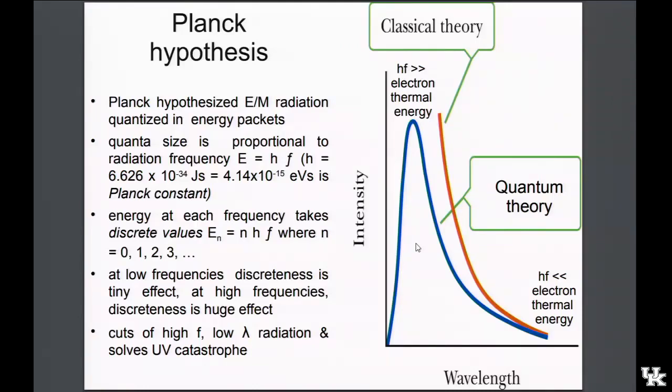And so what Planck's hypothesis does is cut off the black body in classical theory radiating at short wavelengths, at high frequencies, because the packets are just too big. I'm a single electron, right? And I've got to throw out a packet of energy, and that packet of energy is way bigger than the energy I have. I can't do it anymore. And so that cuts off the radiation at high frequency. It is no longer predicted to be infinite. It's predicted to be zero, in agreement with what is observed.